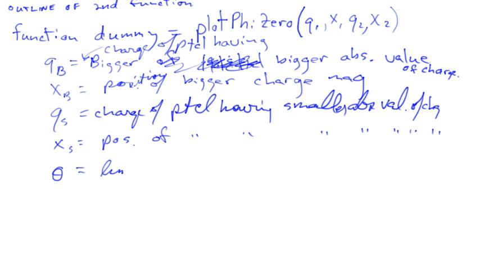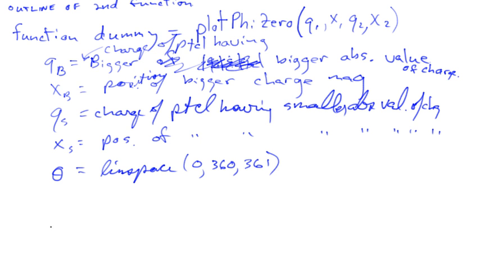Equals linear spaced array of values that go from 0 to 360 with a total of 361 values.